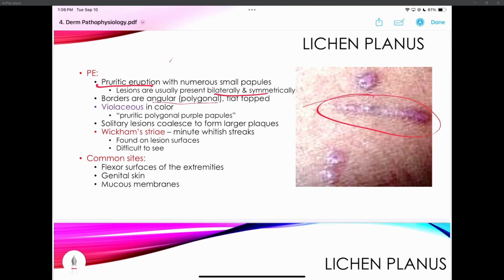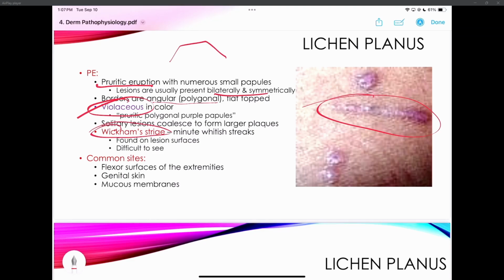So the borders are like that. If you were to put your finger over these lesions, it will feel flat-topped. Violaceous in color, so they're going to be purple streaks. Solitary lesions coalesce to form longer plaques, and that gives you that linear appearance to it. And these are also known as Wickham striae.